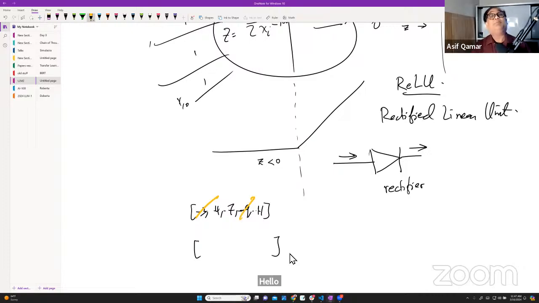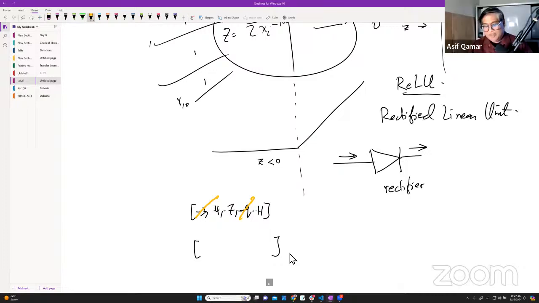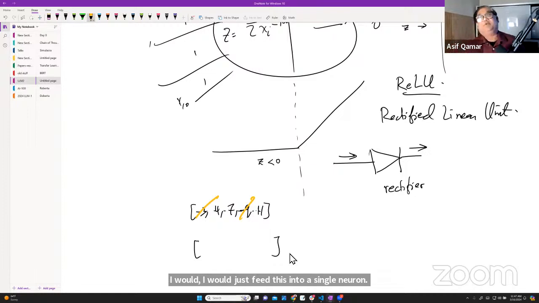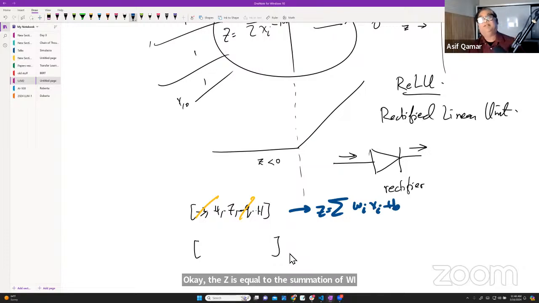So therefore, if my problem was to detect if there is a positive number there, anything greater than zero, what would I do? I would just feed this into a single neuron, right? And once again, the sigmoid that we created: if I feed this into your summation, Z equals the summation of Wi xi plus b, assuming all the weights are 1, for example, what will I get?